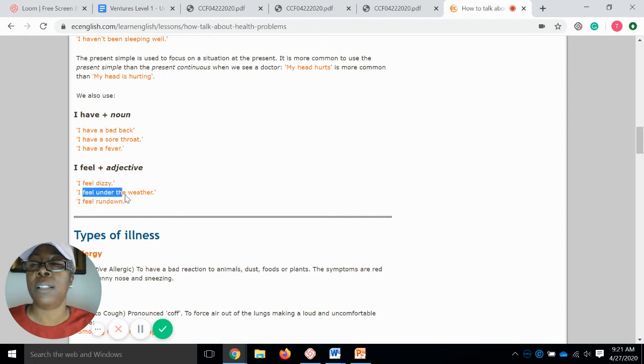I feel under the weather. I feel run down. These are all things that you can say, but I want us to focus on I have, and then of course, using adjectives to describe our noun. Back is the noun. Throat is the noun. I have a bad back. I have a sore throat. Fever is the noun. I have a terrible fever.